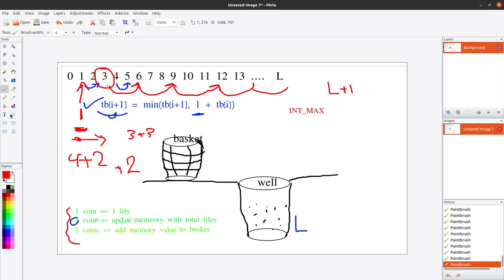So the formula for this will be TB of I plus I equals the minimum of TB of I plus I, and here we spend 4 plus 2 plus TB of I, and this is for the first jump, and we need to keep doing this.